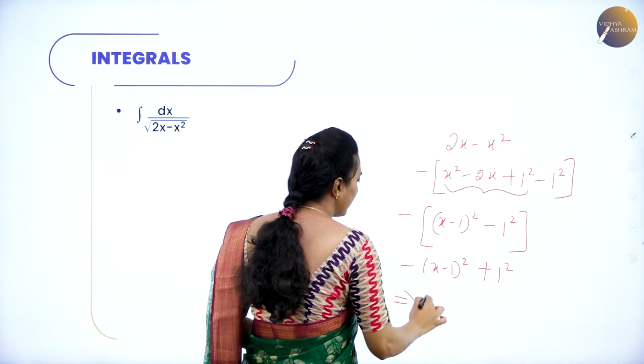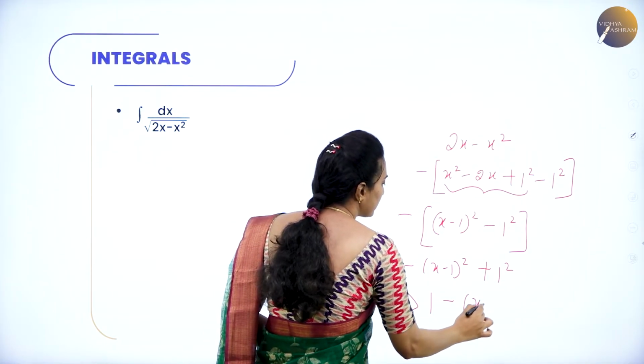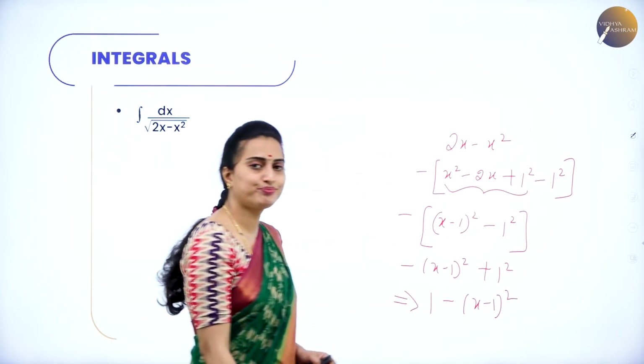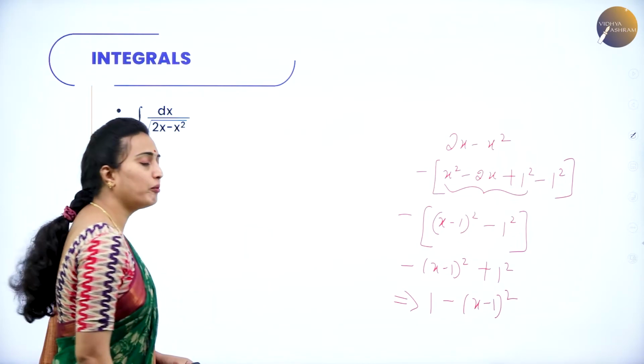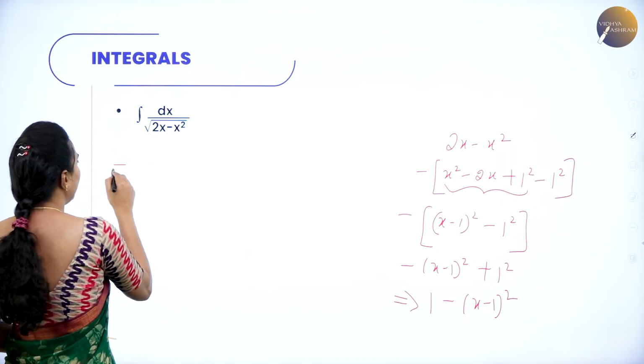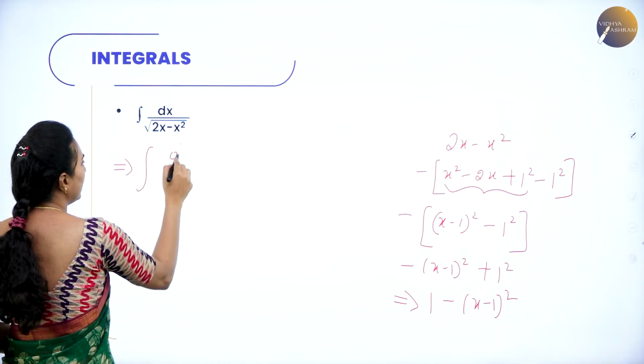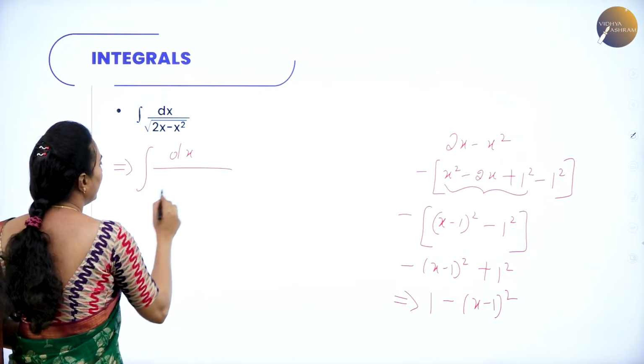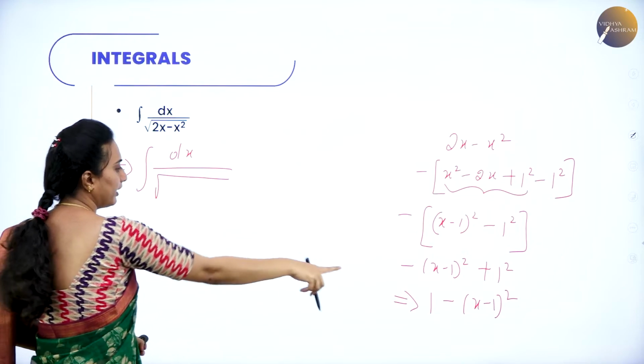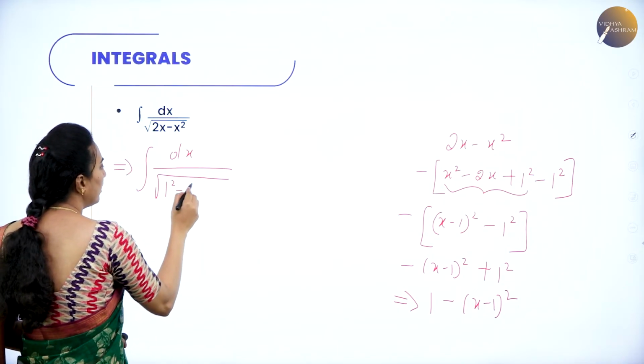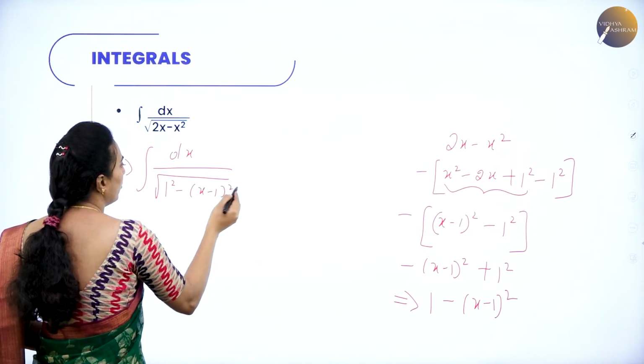Otherwise, we can write this as 1 minus x minus 1 whole squared. Therefore, the integral of dx divided by the square root of this, I can write as 1 squared minus x minus 1 whole squared.